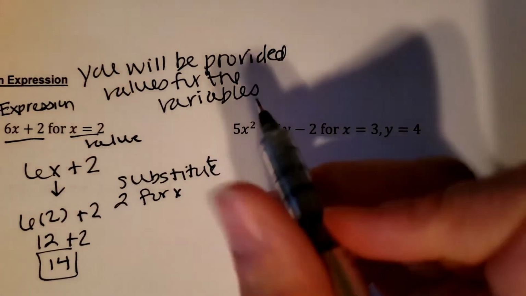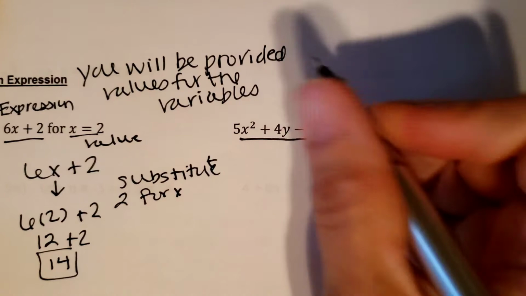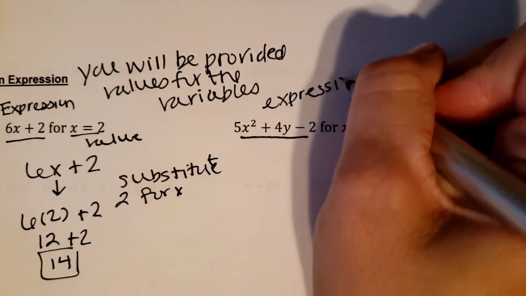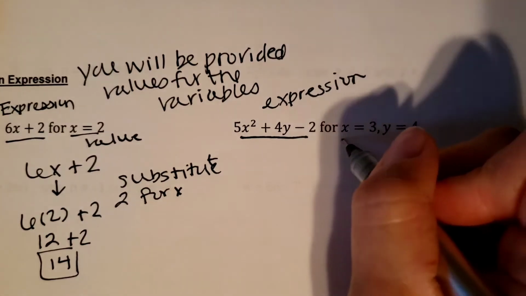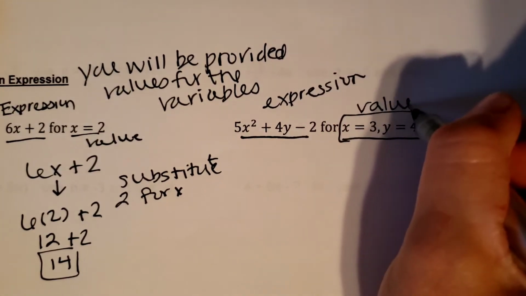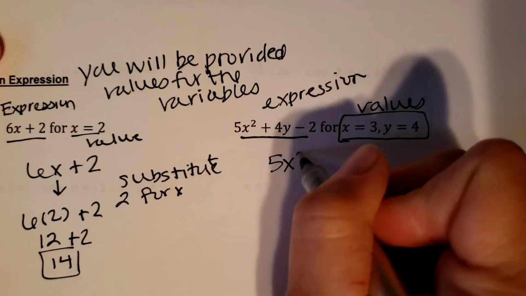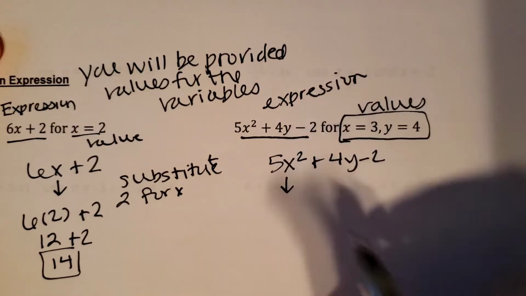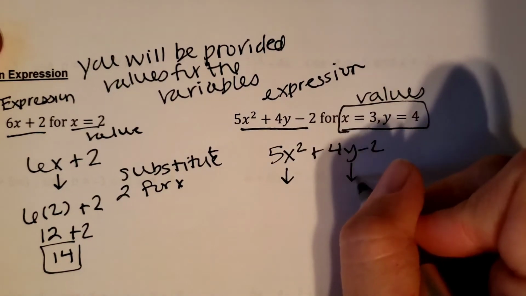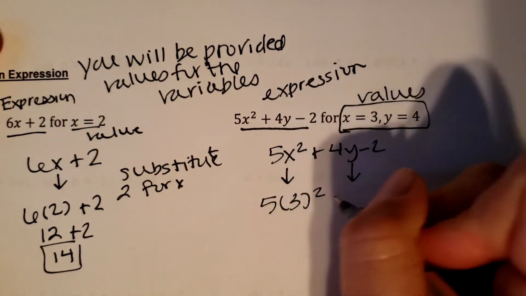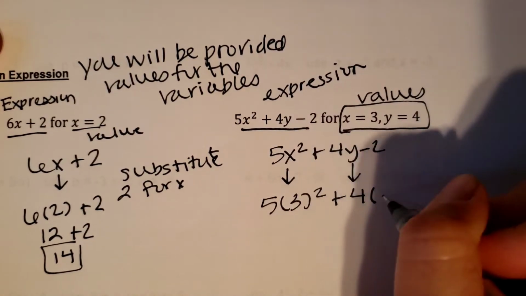The second expression is here. The 5x squared plus 4y minus 2 is the expression. The x equals 3 and the y equals 4 are the values that we will need, okay? So 5x squared plus 4y minus 2. So I will substitute something in for x. I will substitute something in for y. So 5 times 3 squared plus 4 times 4.